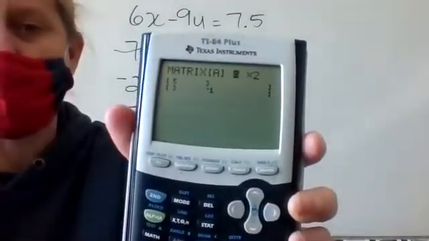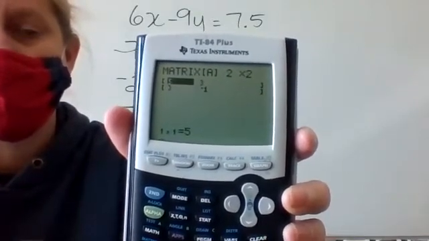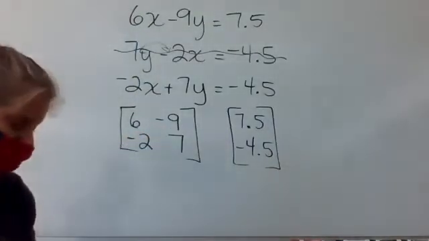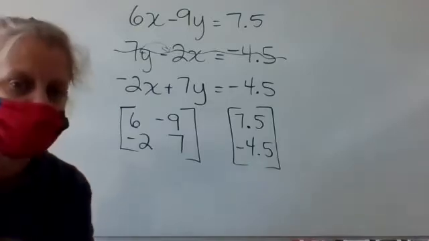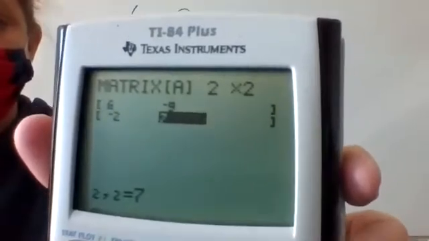We haven't moved on from 2 by 2s yet. So just hit enter, enter. Type in your new numbers. So 6, negative 9, and negative 2, 7. So again, double check that you put your numbers in right.